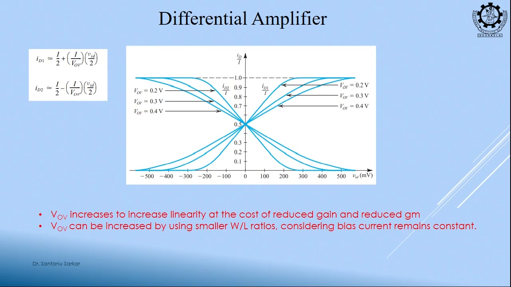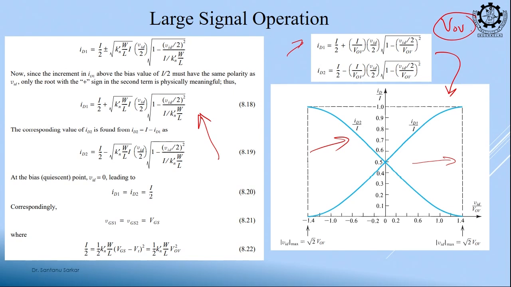So, if we want to change the slope or the range, the only control we have is VOV. In this equation you see I is fixed. Okay. So, if we vary VOV, we can vary this, right.